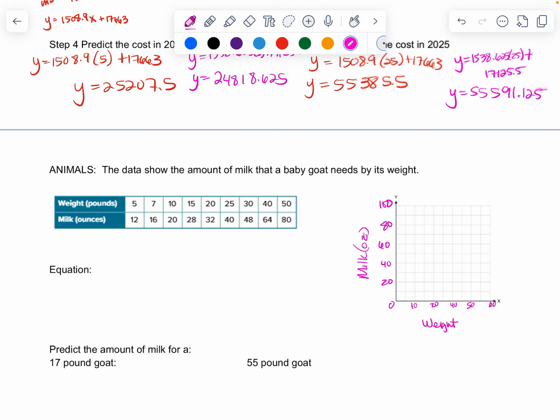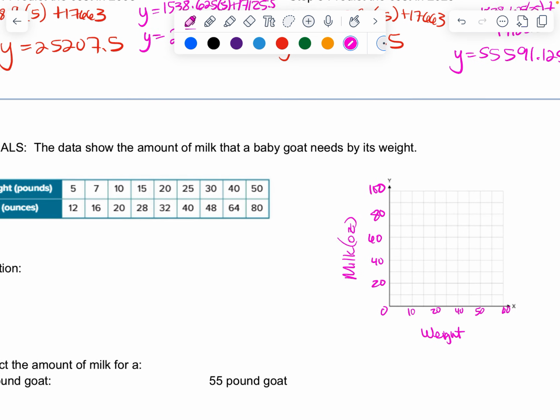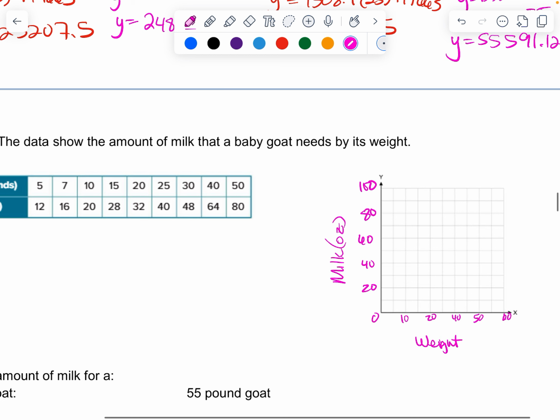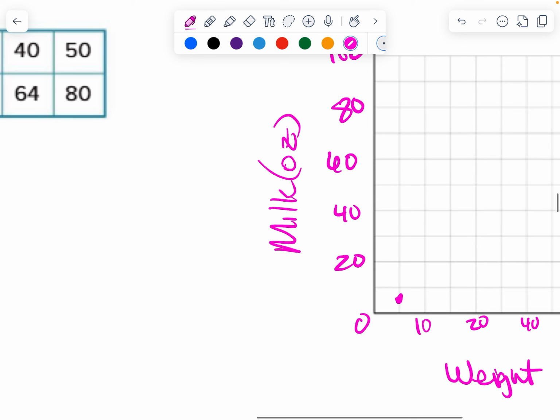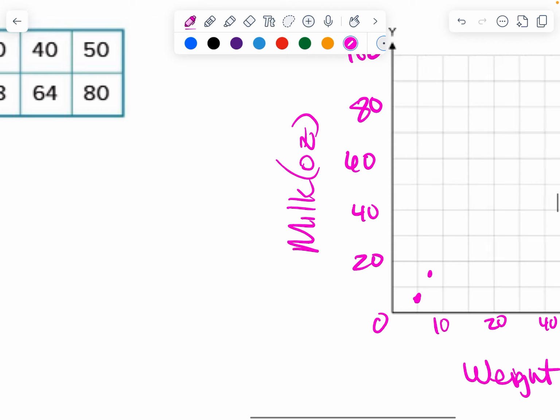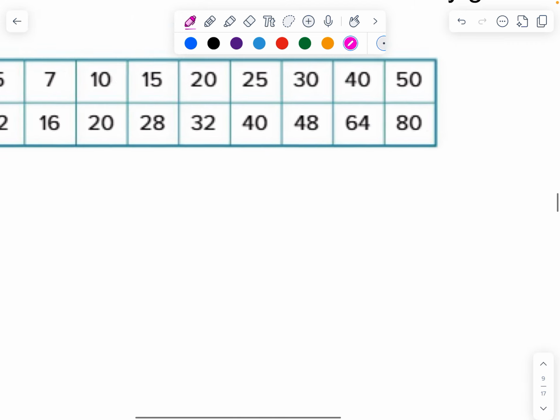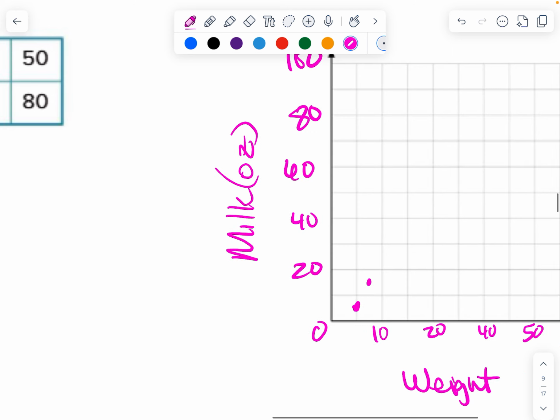There we go. Okay, so it has 5 for the weight and 12. That's going to be about there. 7 and 16. And then 10 and 20.